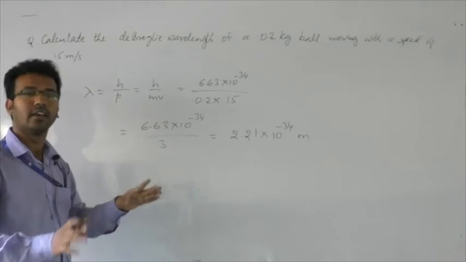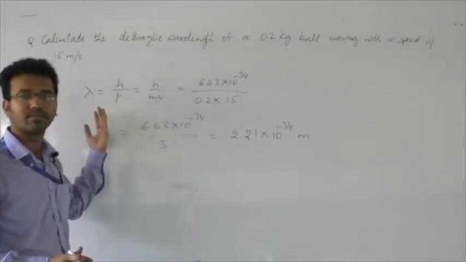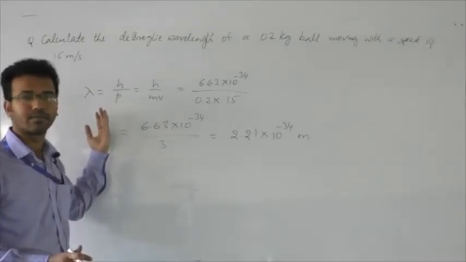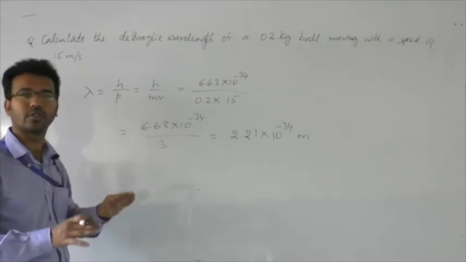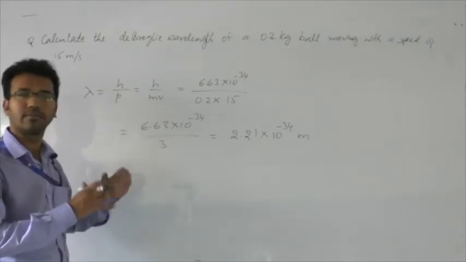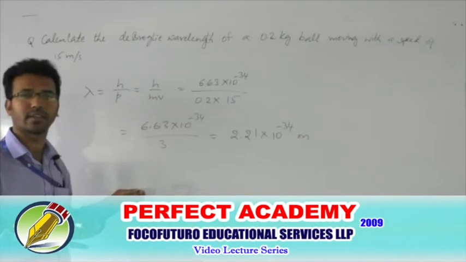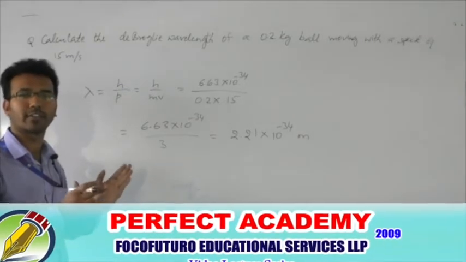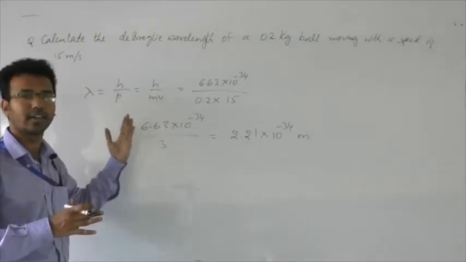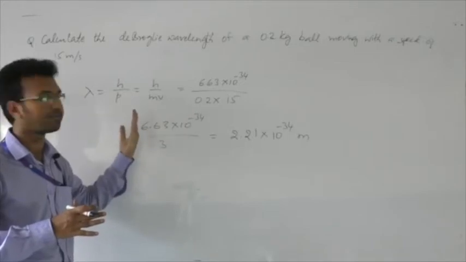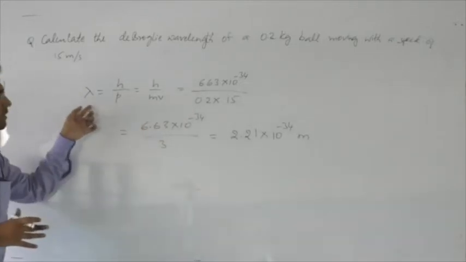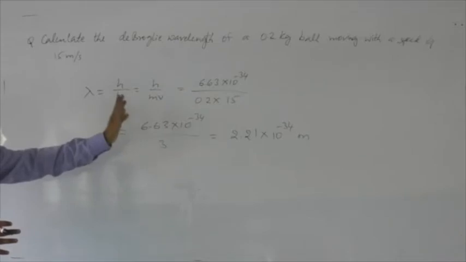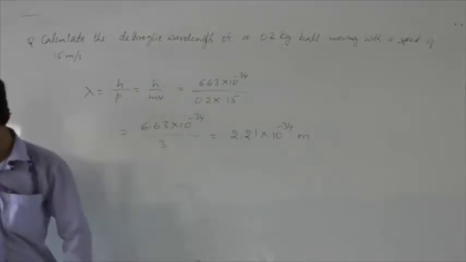That's why classically we don't take this wave-like nature. Even though waves are associated with all particles, whether microscopic or macroscopic, we don't observe it. It is not at an appreciable level. So the wavelength is 2.21 into 10 power minus 34 meters. Let's move on to the next one.